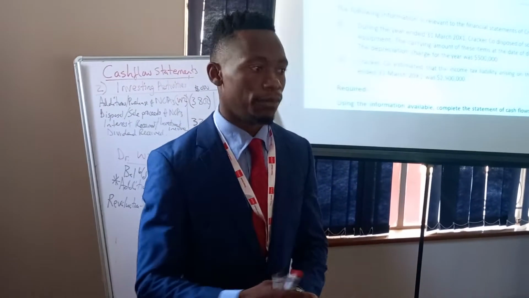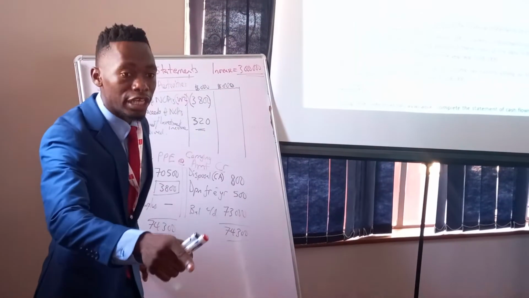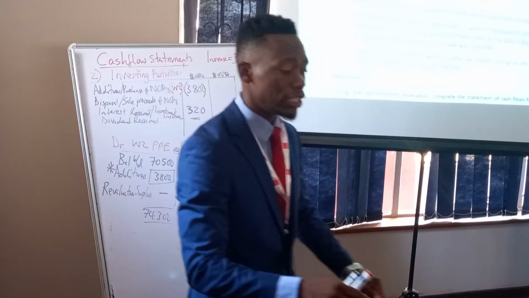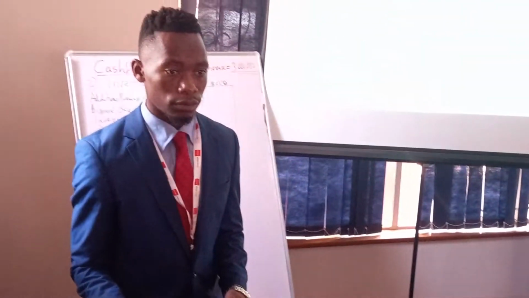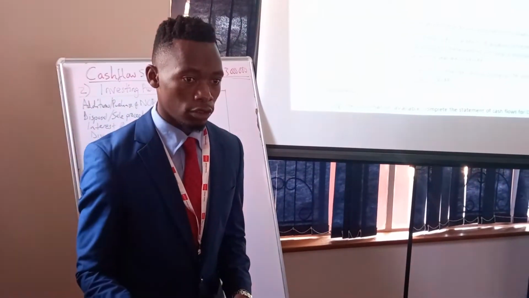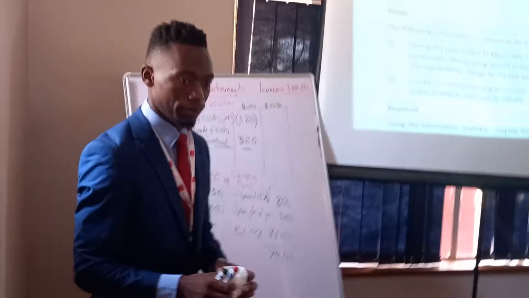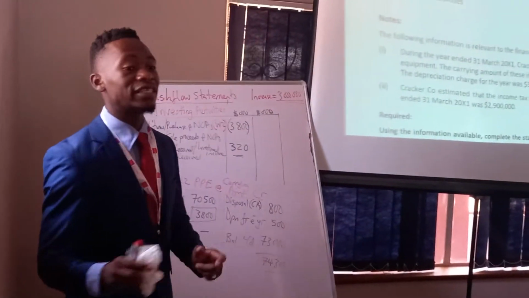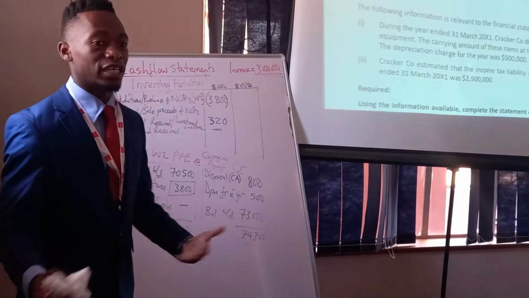Don't prepare the PPE account only without also calculating the profit or loss on disposal. Because they do have a relationship. You need to complete that account. If you don't complete that account, you won't be able to get other amounts.